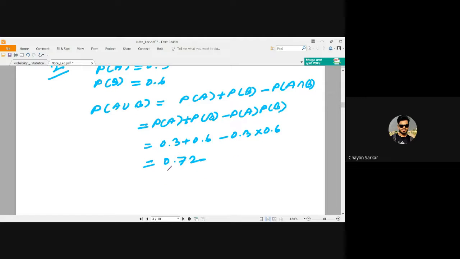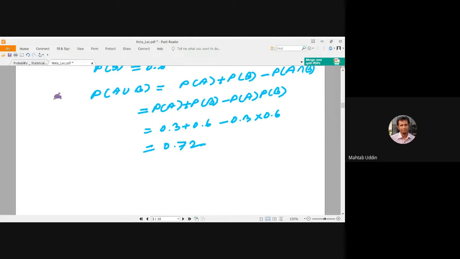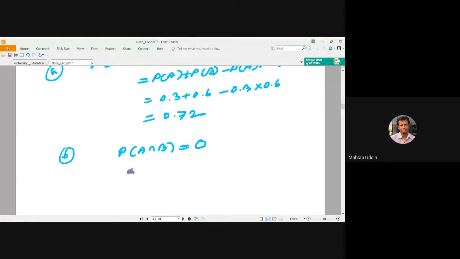Yes, sir. This is A. Now B says they are mutually exclusive. We know that if they are mutually exclusive, then they have no common element. That's why mutually exclusive means they have no common element. Then what will happen? 0.